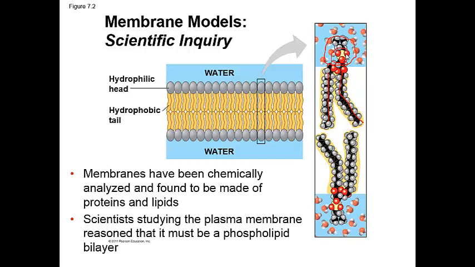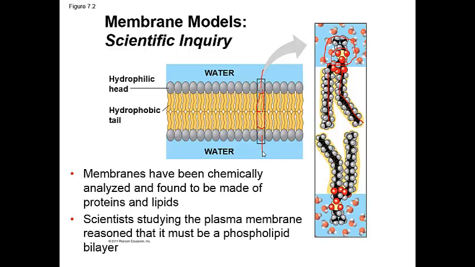When you put phospholipids in water, and 70% of our body is made up of water, they immediately arrange themselves into a bilayer. This is because like is attracted to like. The nonpolar hydrophobic tails are attracted to each other, so you have nonpolar next to nonpolar, and the polar heads are going to be attracted to the water on the inside and outside of the cell.